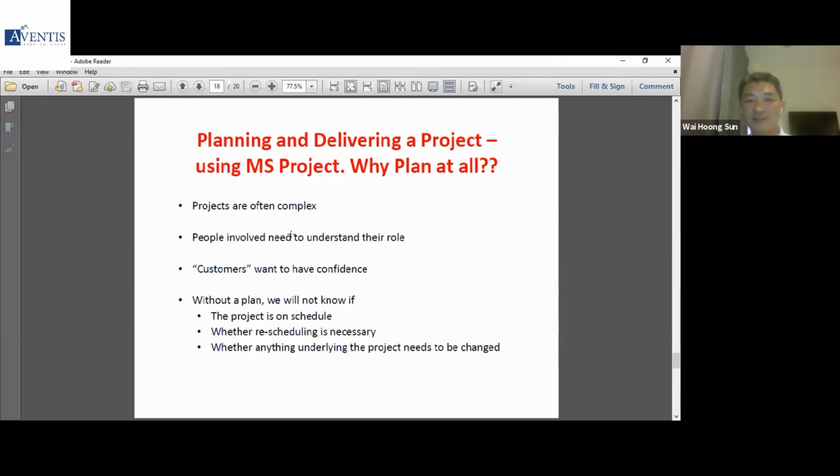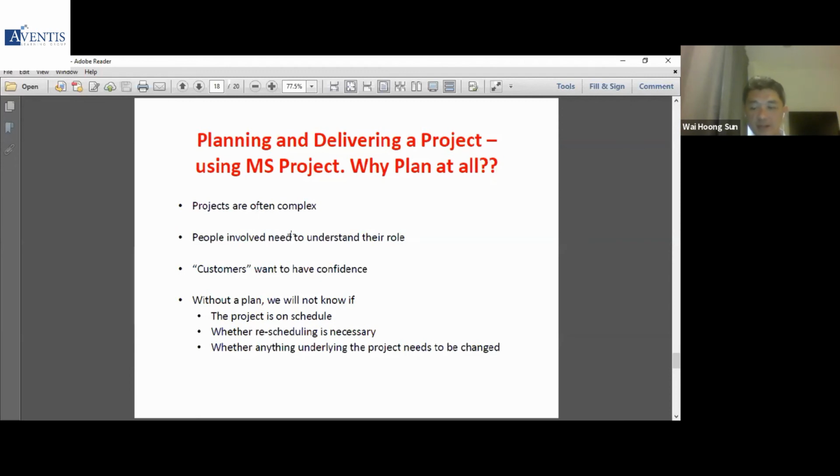Now, why use Microsoft Project? Why plan at all if projects are so complicated and so uncertain, right? Projects are often complex. I mean, that is by definition, right? And people that work on projects need to know what their role is and what they need to do, not only on a monthly basis, but on a daily basis, right?